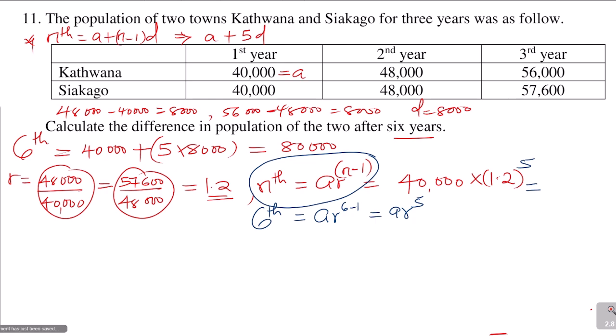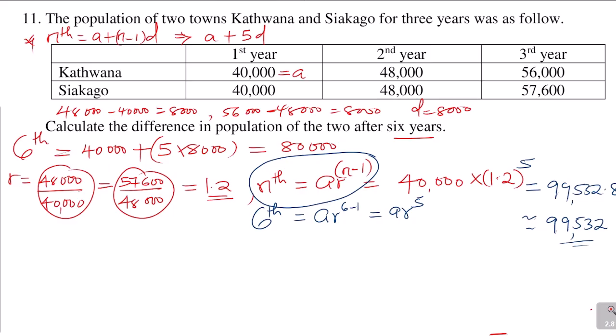Once you work out 40,000 multiplied by 1.2 raised to power 5, this gives 99,532.8. Approximately, because this is population, we can ignore the decimal. We can give it as 99,532, because we are dealing with the number of people.